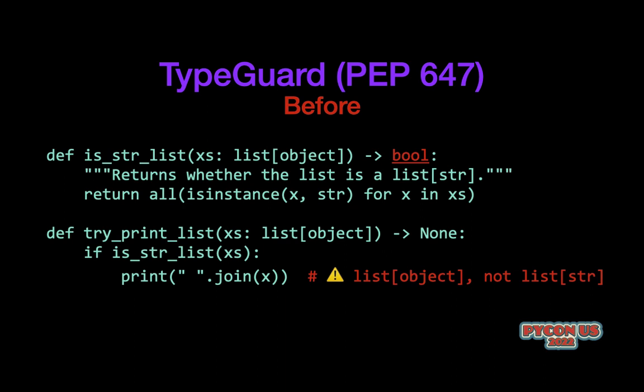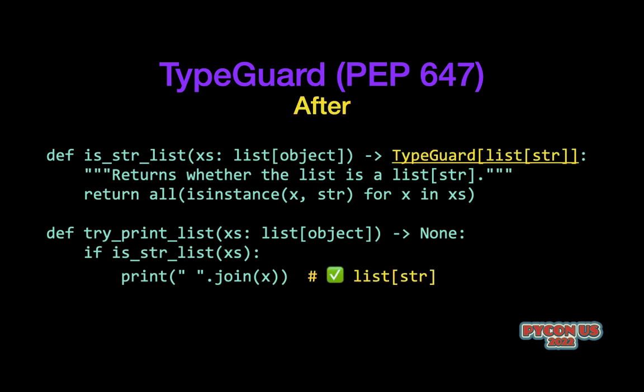So we have a function that just returns a bool here, which is okay, but it would be nice that if you called this function and it returned true, a type checker could narrow the type of the thing that you pass to this function to be a list of str. And with TypeGuard, you can do that. If you set the return type to TypeGuard[list[str]], you return true, narrowing happens. Beautiful.